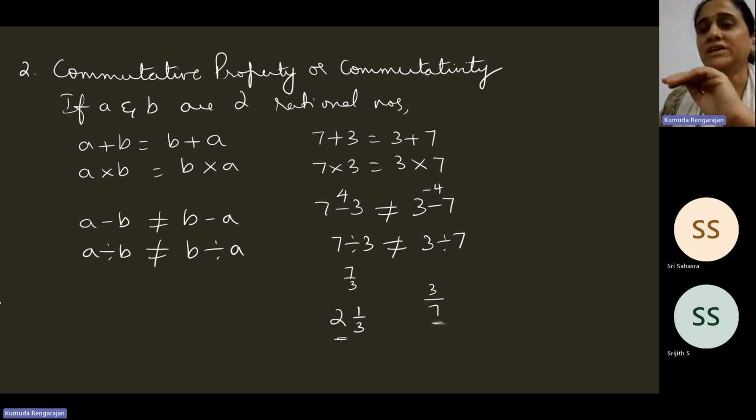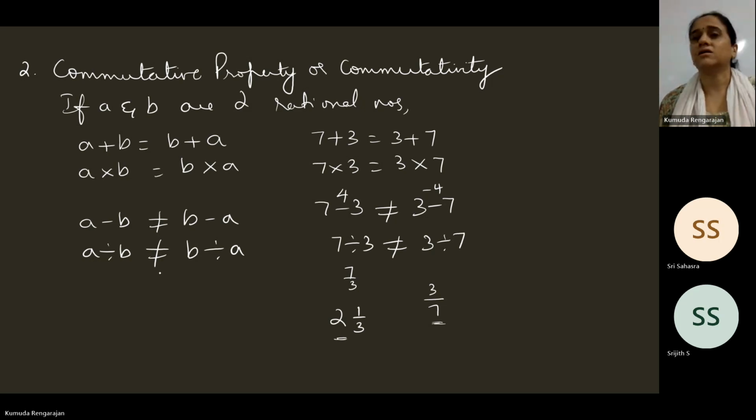But the commutative property does not hold good for subtraction and division of rational numbers. That's what I've sent in the notes for this.